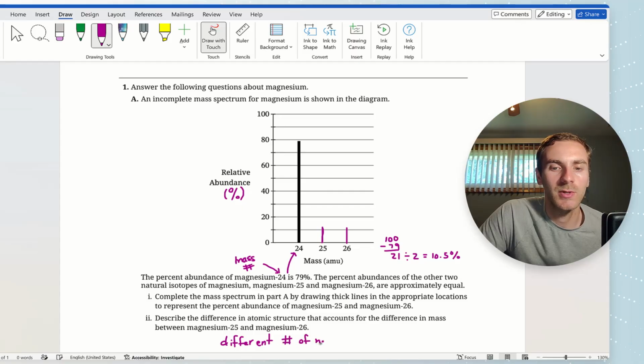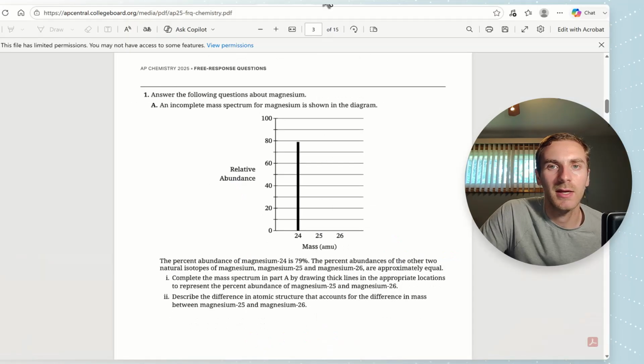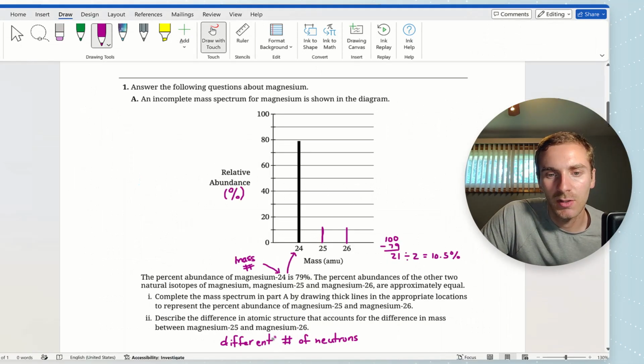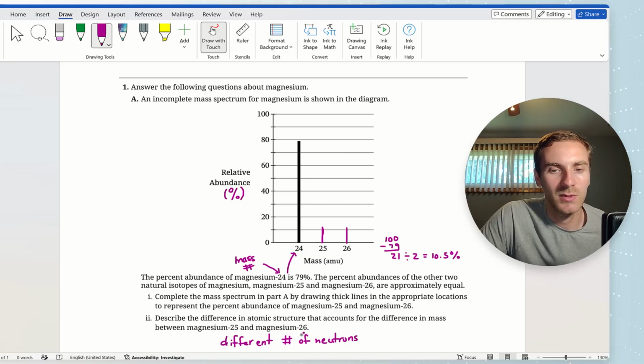Specifically, if we look at the periodic table, we see that magnesium has an atomic number of 12. So magnesium-25 is going to have 13 neutrons, and magnesium-26 is going to have 14 neutrons.